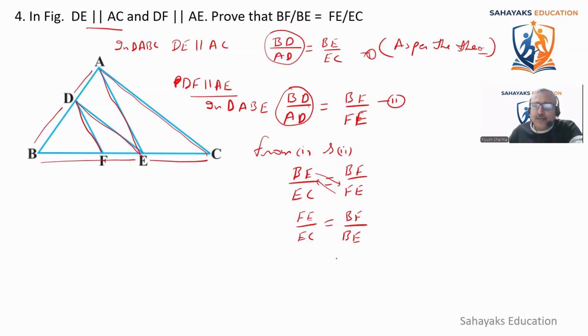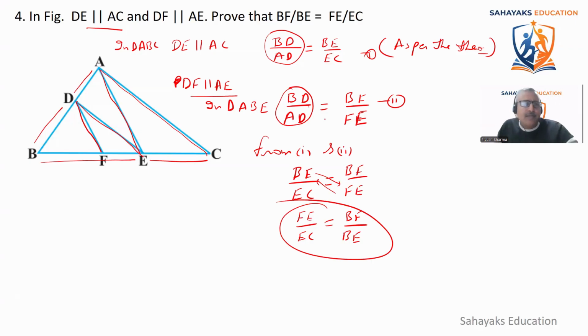Okay, and this is what we had to prove. So in every question, we have to use similar theorems. Either the theorem will be related to a parallel line, so if there is a parallel line, you can say that it is dividing the sides in the same ratio. Okay, you have to use that theorem to answer the questions.